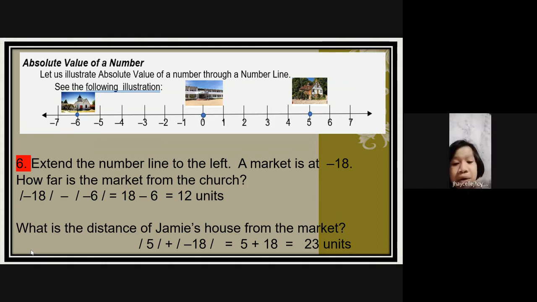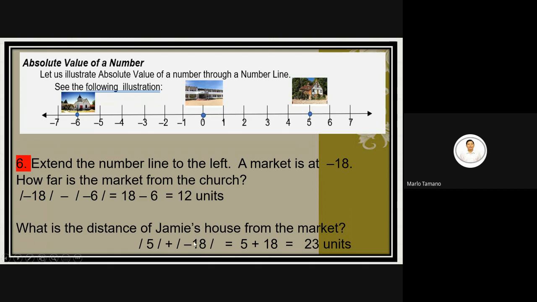What is the distance of Jamie's house from the market? Jamie's house, we have here 5. The absolute value of 5 plus the market, which is found at negative 18.